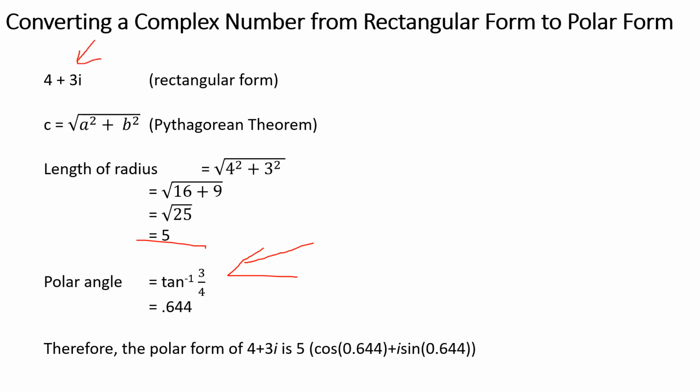And my cosine is my x, or my real coordinate. And that is going to be 3 over 4, because sine over cosine is 3 over 4 here, which, when I do the inverse tangent, is 0.644. So the polar form of 4 plus 3i is 5, my radius going out to the circle, which we're going to see in a moment, times cosine 0.644 plus i sine 0.644.